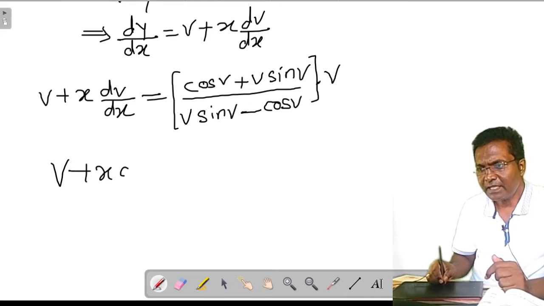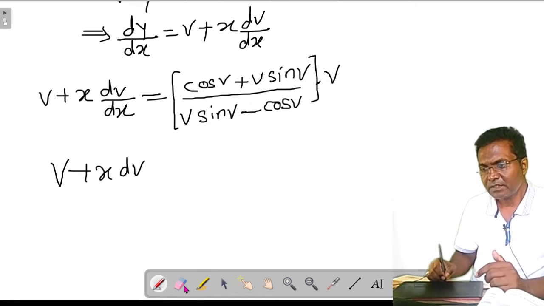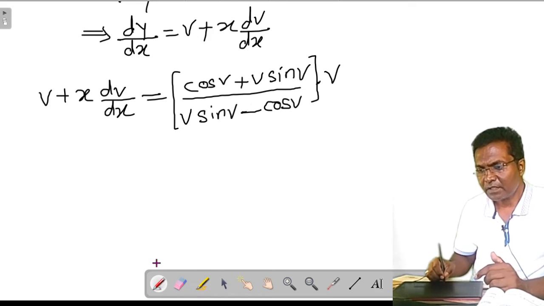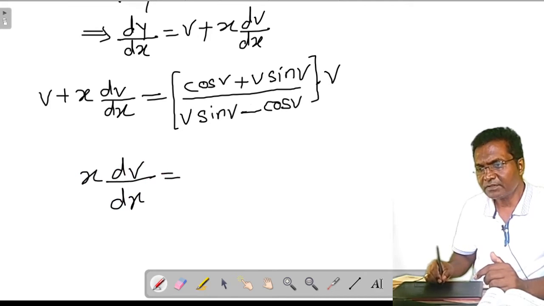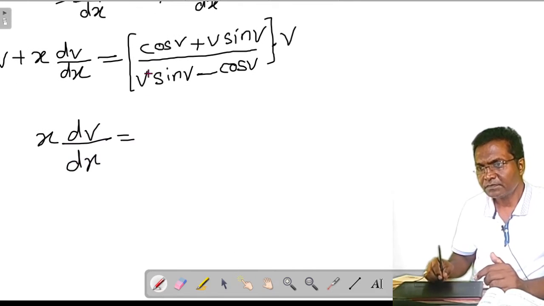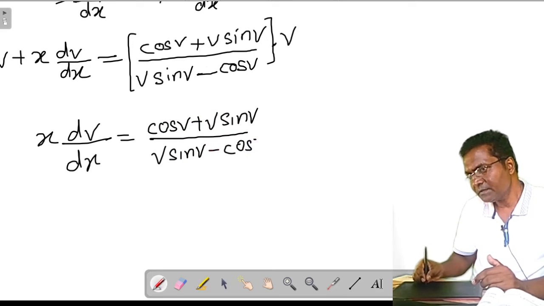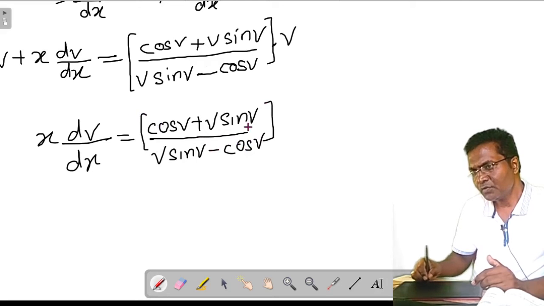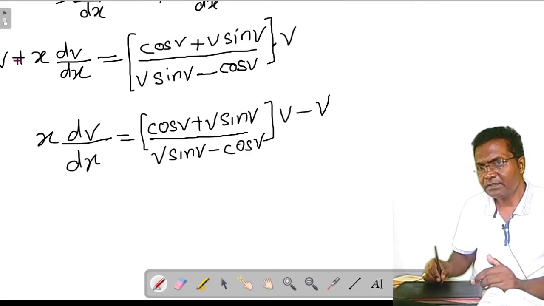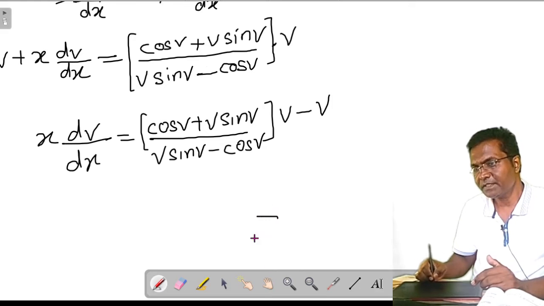So v plus x dv by dx, we transfer this v this side. x dv by dx is equal to cos v plus v sin v by v sin v minus cos v into v, and this v this side, that is minus v.